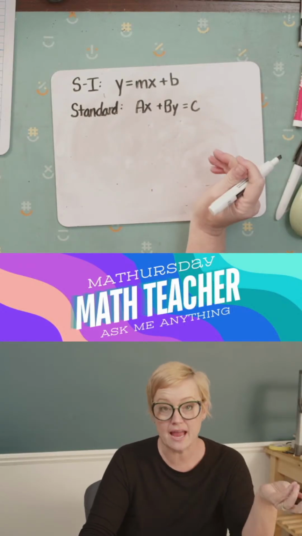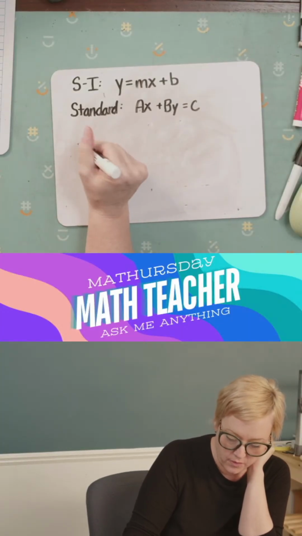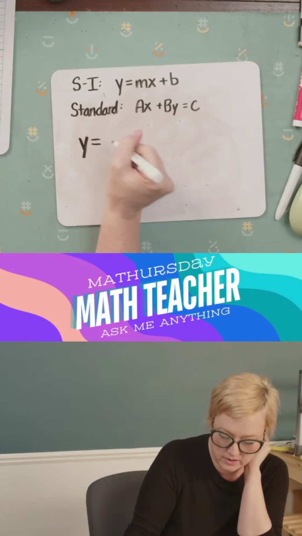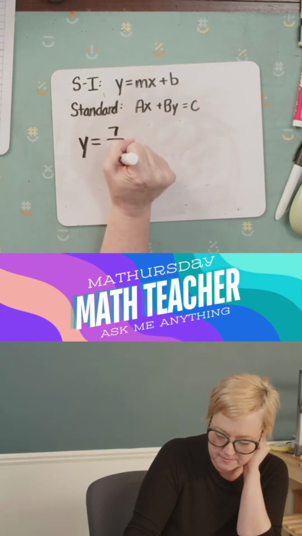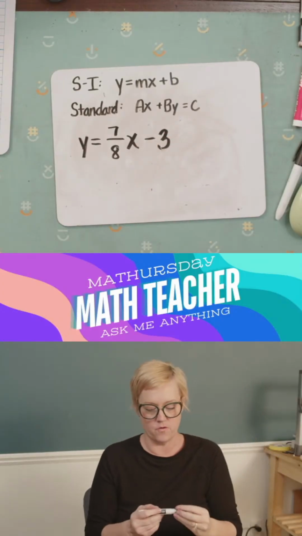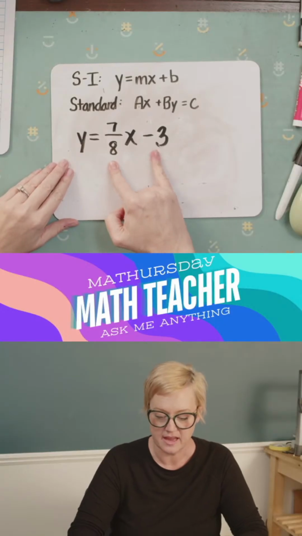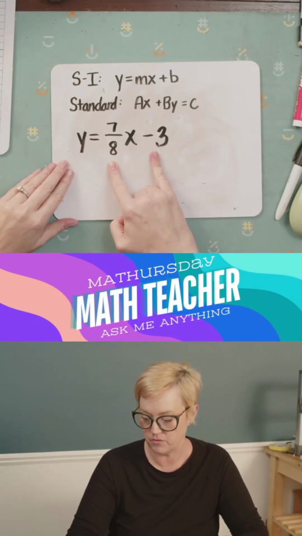The example somebody gave me earlier was writing y equals 7/8 x minus 3 in standard form. So this is slope-intercept form. My slope is 7/8 and my y-intercept is -3.